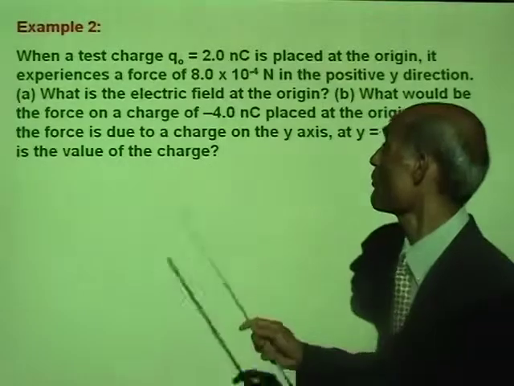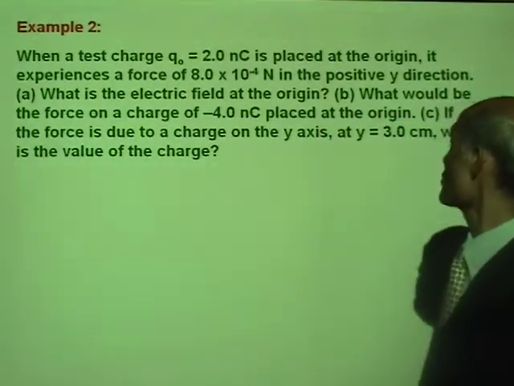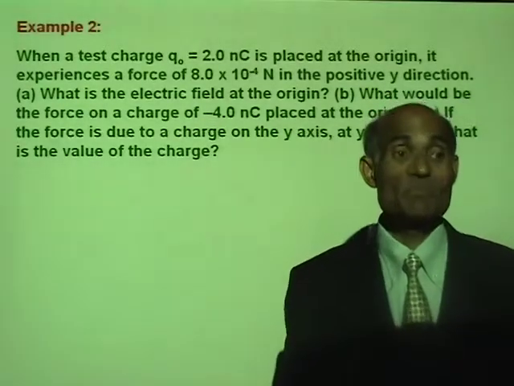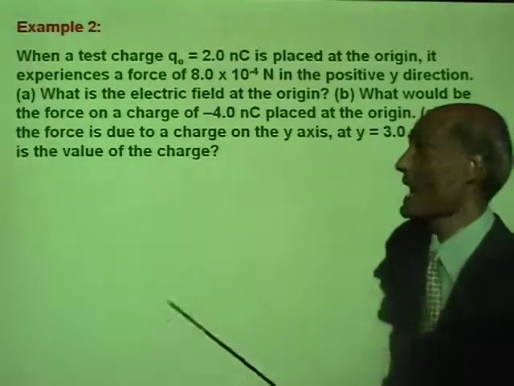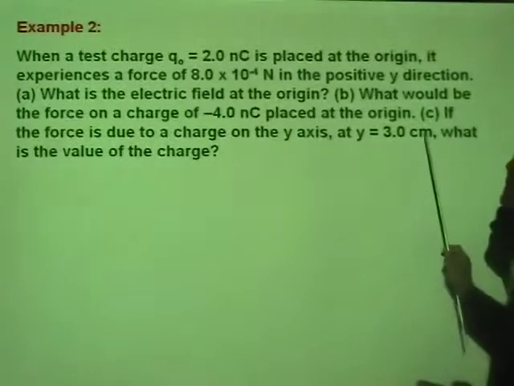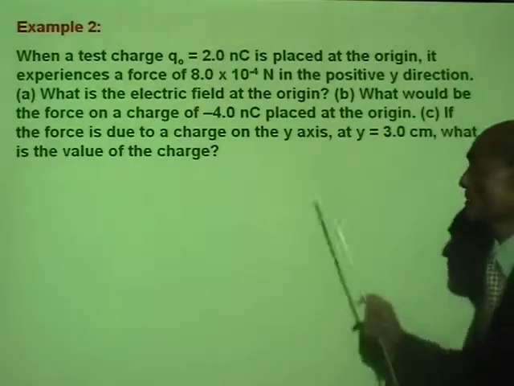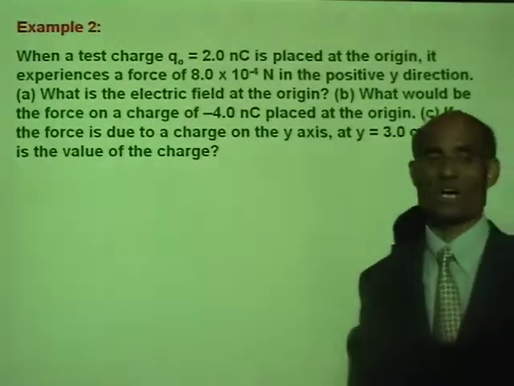What would be the force on a charge of negative 4 nanocoulomb placed at the origin? If this force is due to a charge on the y-axis at y equal to 3 centimeter, I think I'm going to change this to y equal to 3 meter. Alright? That will be more convenient. What is the value of the charge?